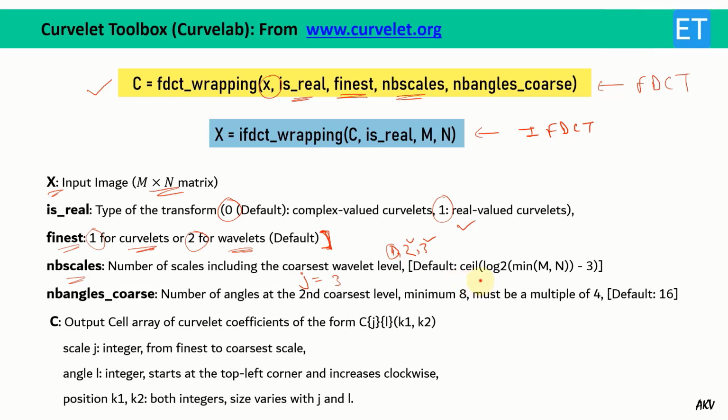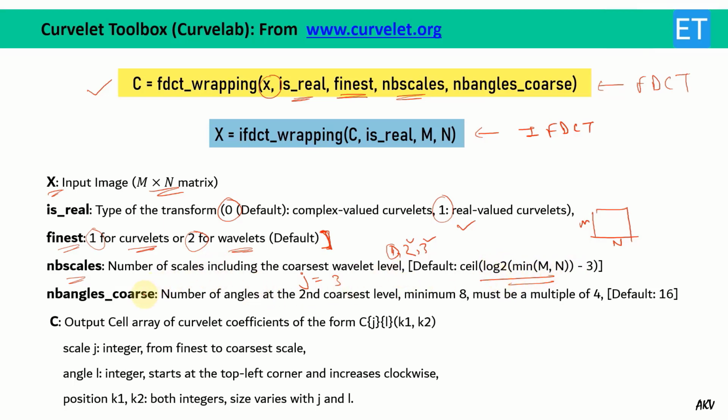If you don't define it, a default will be taken: M or N are your image size, the minimum of these two will be chosen, then minus 3, after taking the log 2.